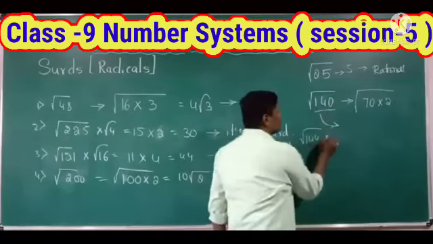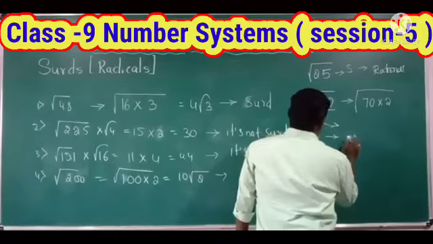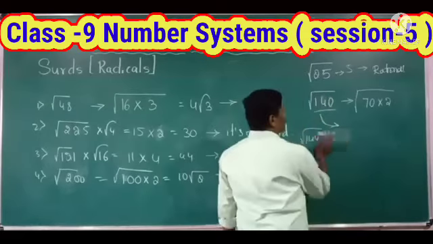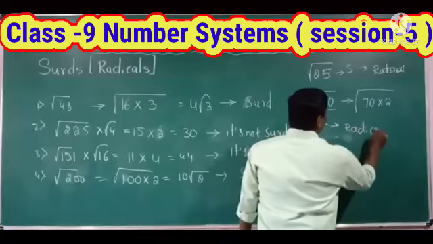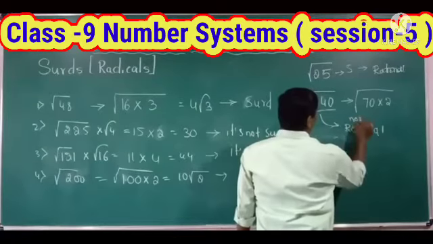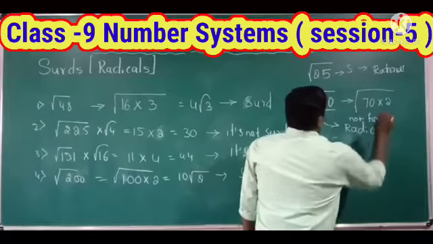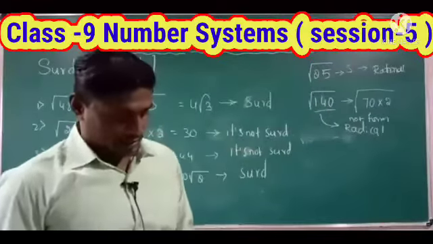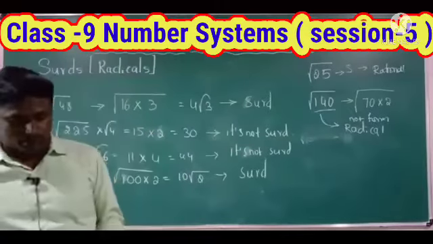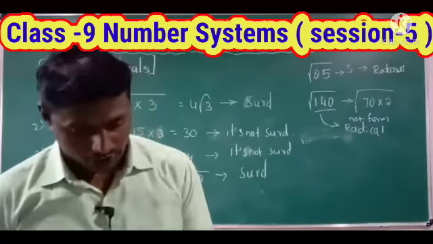So root 140 is not a perfect square number. So 140 will not form a radical. It is not an example for radicals. Okay, next one. See the next question.